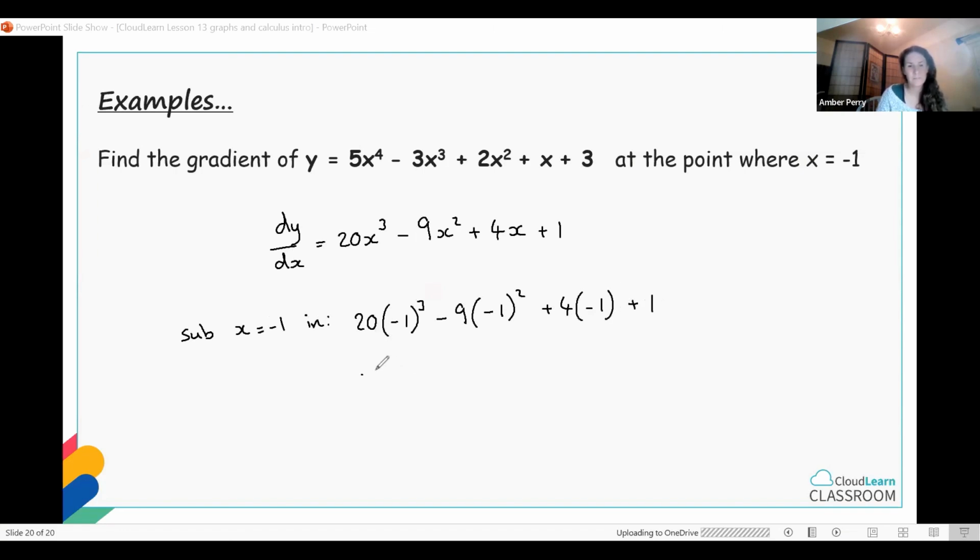So that's going to be minus 20, minus 9 times positive 1, which is just minus 9, minus 4 plus 1, and it's all negatives, which is great, minus 29, minus 33. I think that should be minus 32, negative 32 there.